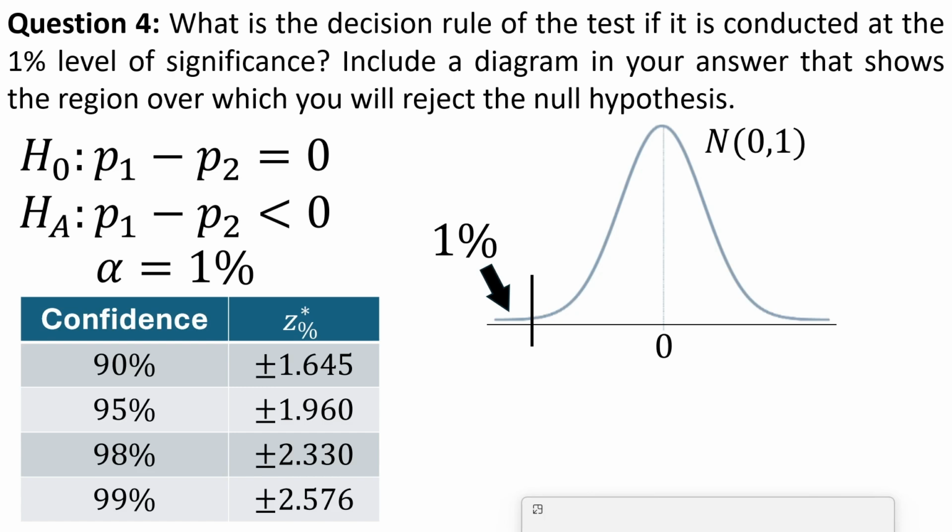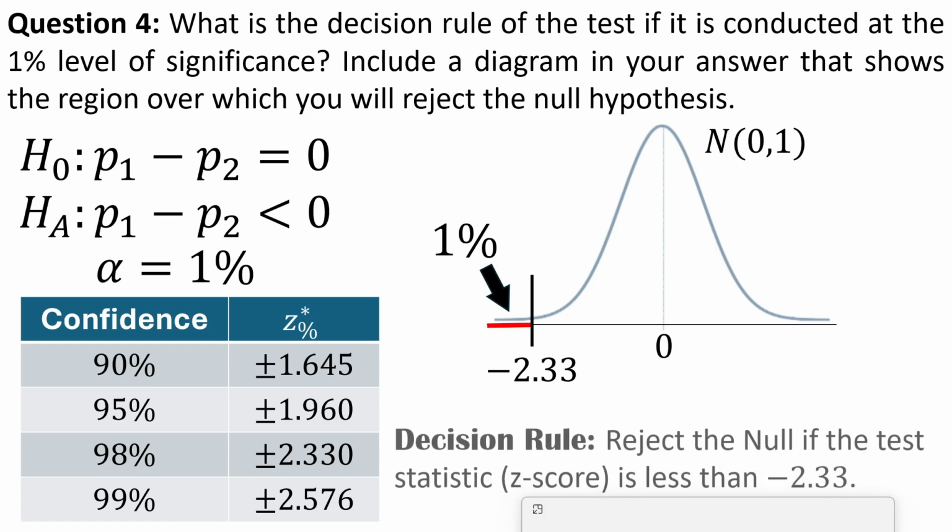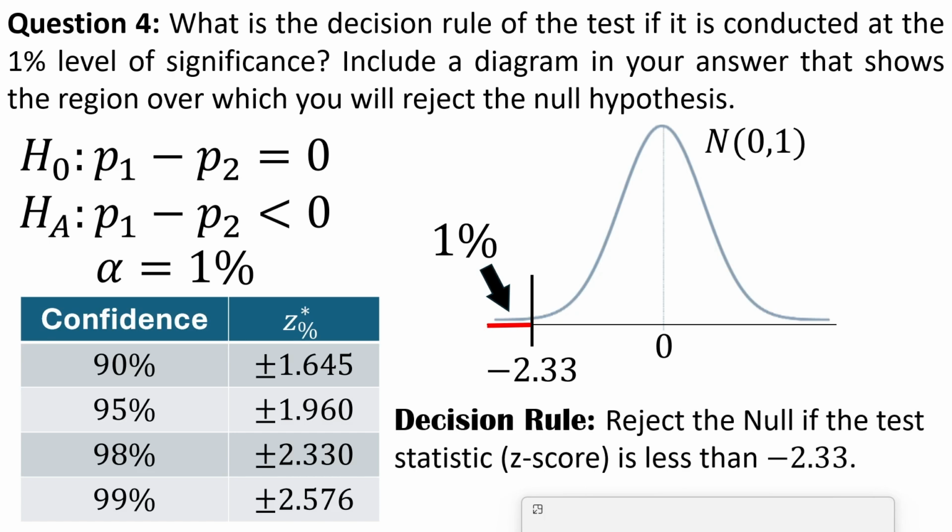That boundary is plus or minus 2.33. And so given that, to put 1% into the lower tail, we're going to use minus 2.33. Our rejection region is marked in red. Our decision rule is we're going to reject the null if the test statistic, or the z-score, is less than minus 2.33.